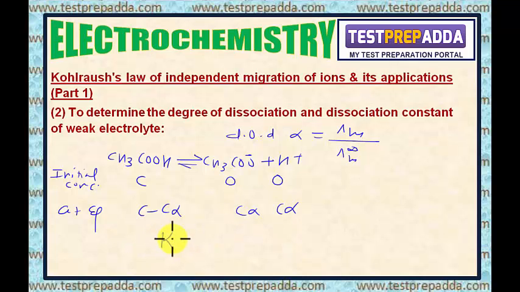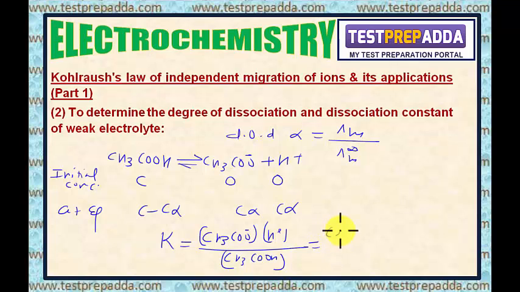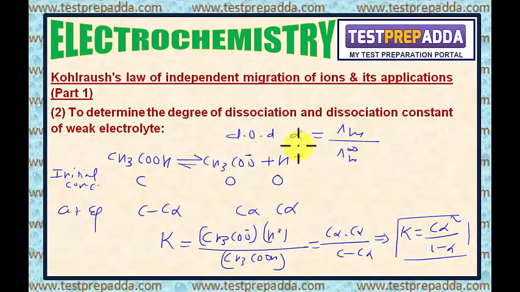So the dissociation constant, that is equilibrium constant, can be written as product concentration upon reactant concentration, and if I substitute C alpha into C alpha upon C minus C alpha, I get K as C alpha square upon 1 minus alpha. Now alpha is found, you substitute it here, and this way we get the value of K, the dissociation constant of weak electrolyte.